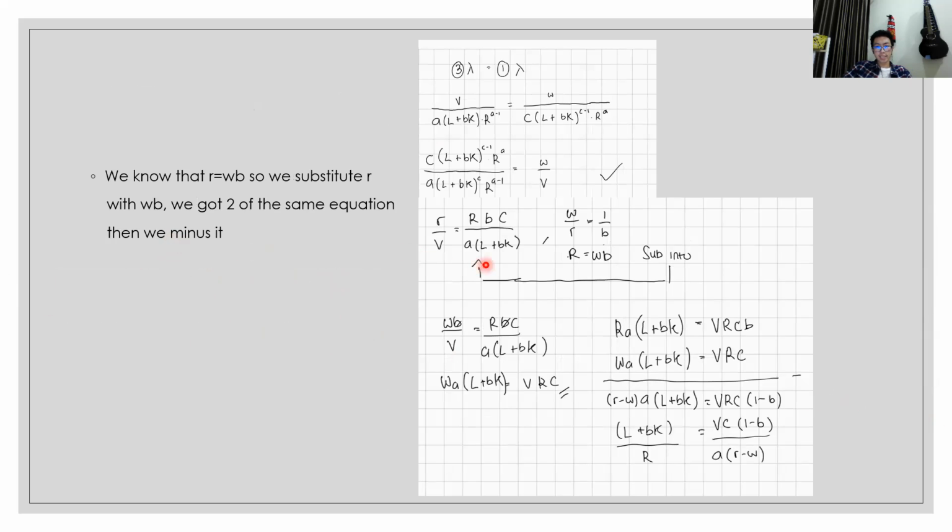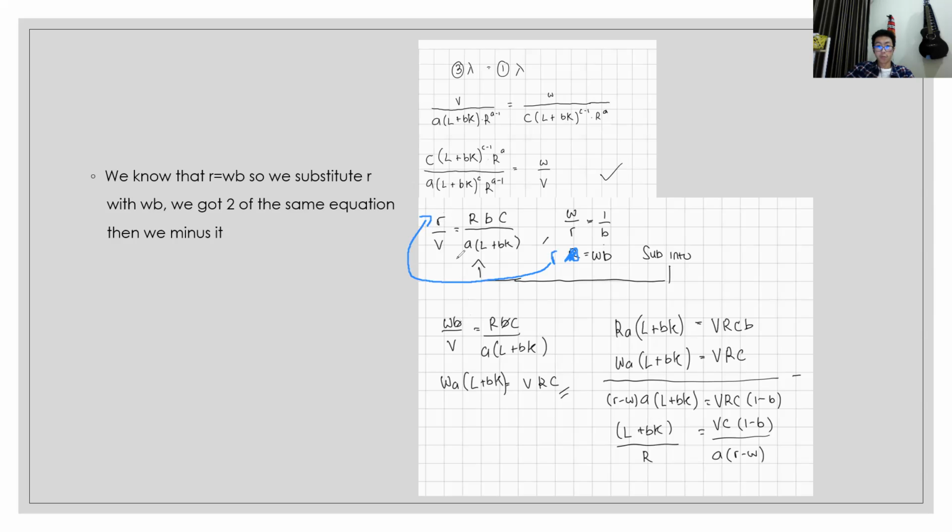So I'm going to use the second and the first, knowing that the first equation derived that W over R equals 1 over B. This should be the lowercase r, not the capital R. So r equals WB. We're going to put r back here, substituting it by WB.